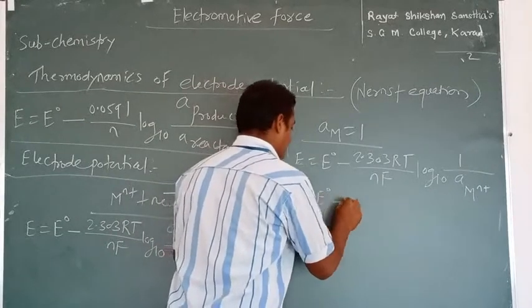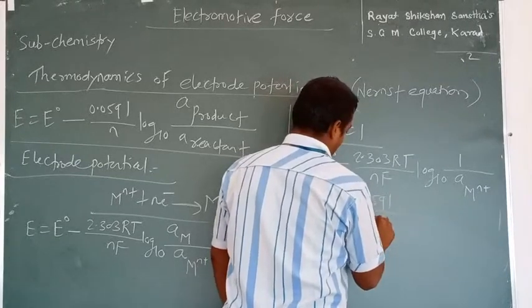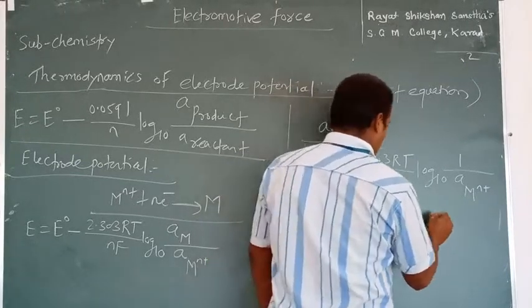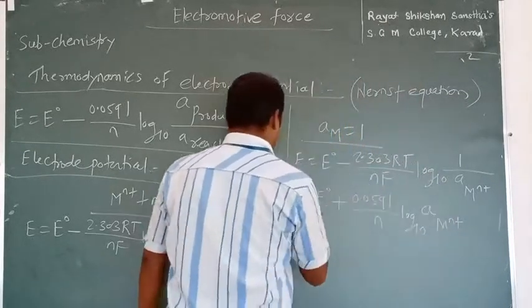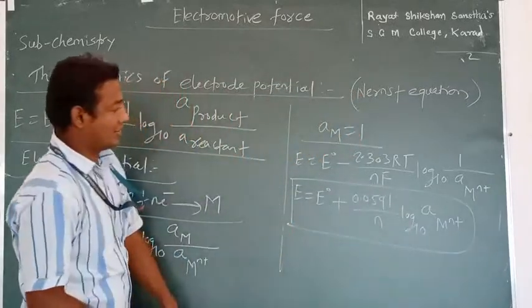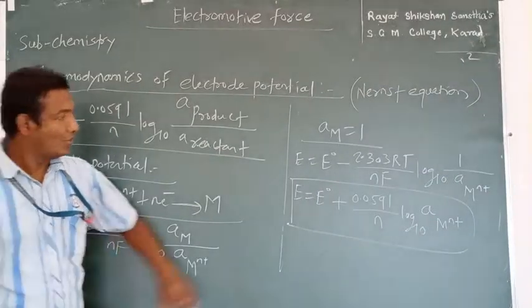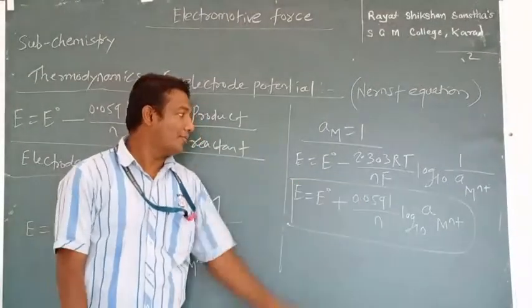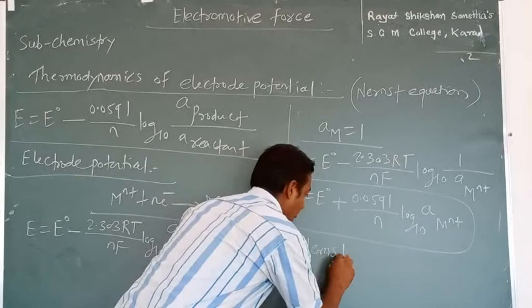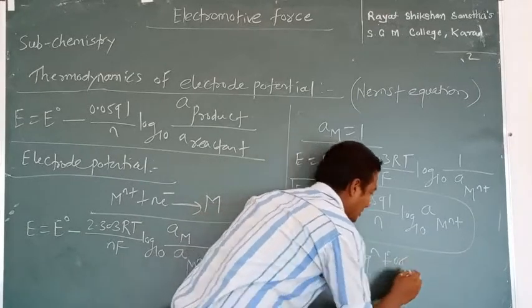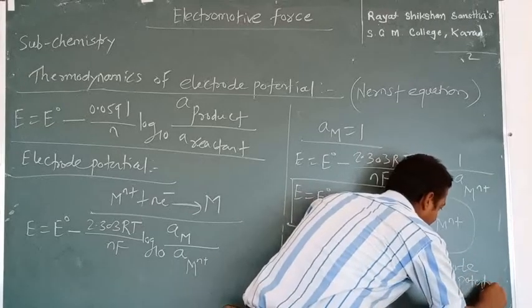We can rearrange this equation to this form. This is the final equation, the Nernst equation for electrode potential. Very important term.